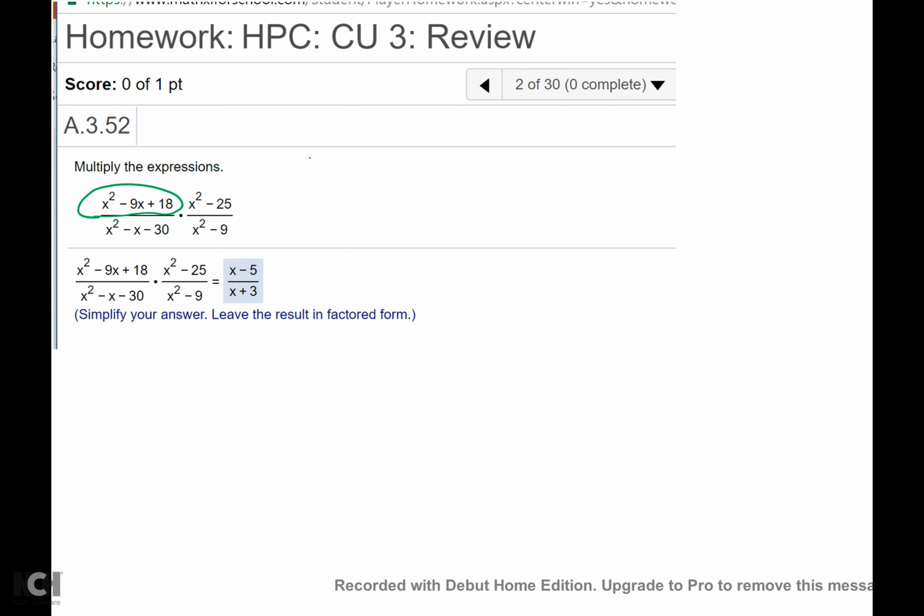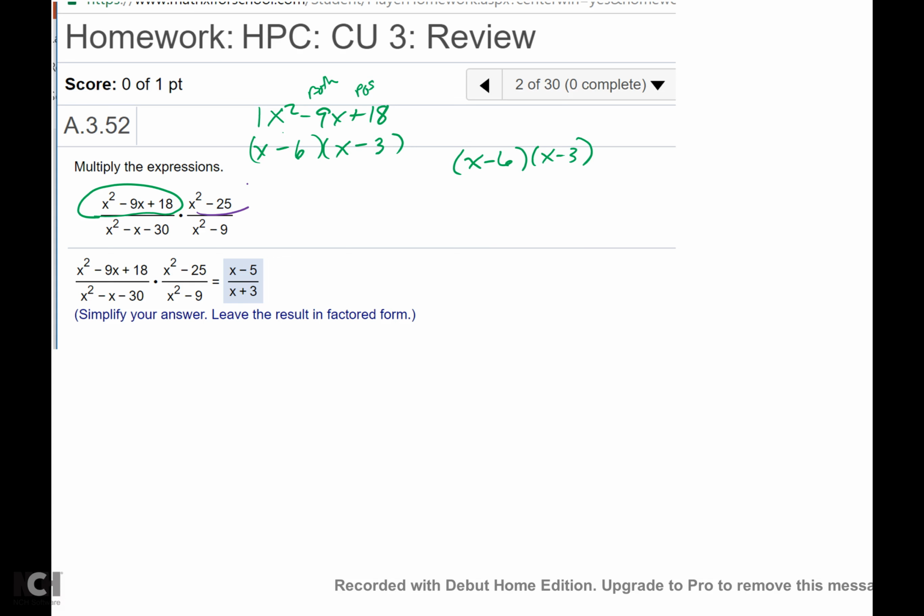All right. Same directions, so I'm going to factor this. It should be an easy factor because a is 1. So x times x is x squared. Factors of 18 that make 9 would be 6 and 3. Since c is positive, they both get the middle sign. So I can rewrite the top as factors, x minus 6 times x minus 3.